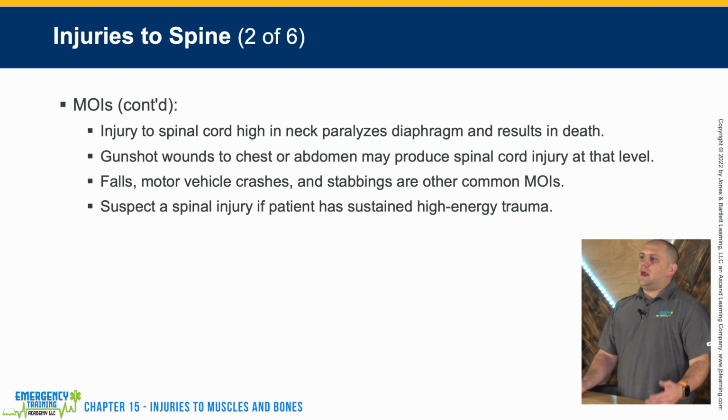When we are looking at our motor vehicle crashes or our motorcycle accidents, we want to look for high speed, high energy accidents that can cause that spinal cord trauma. So we're looking for motor vehicle accidents that had speeds greater than 40 miles an hour.